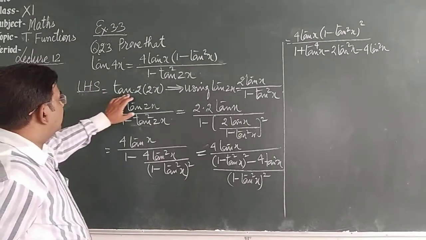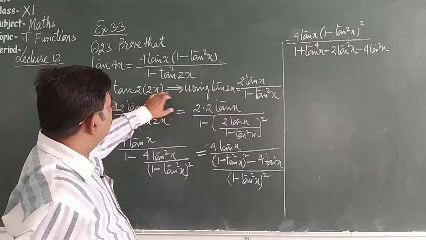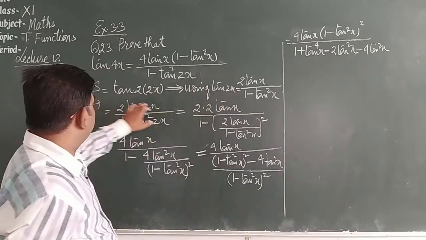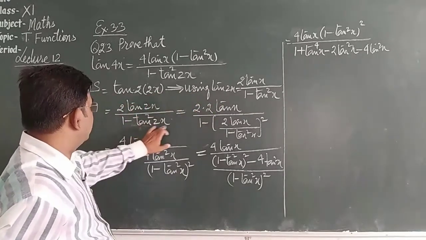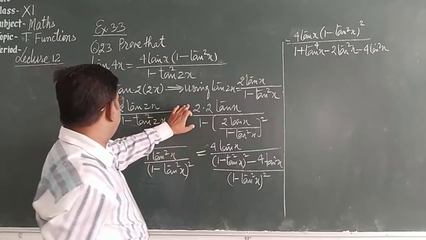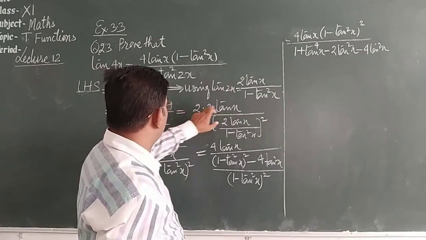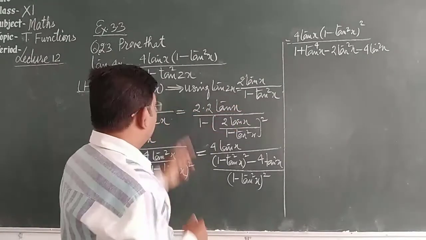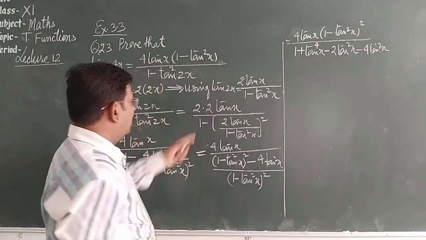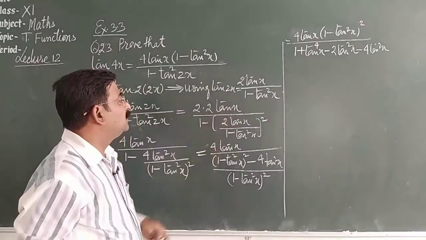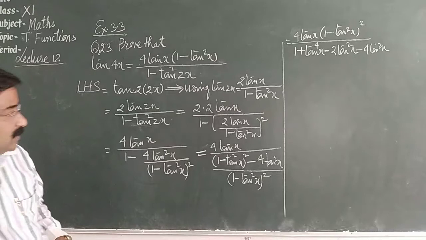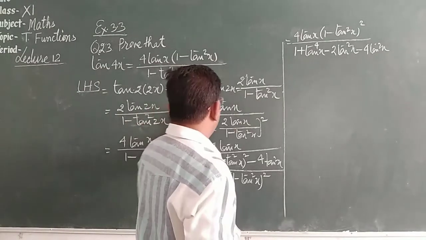Here tan 2x. So we have the formula 2 tan 2x upon 1 minus tan square 2x. Alright. Here we have again tan 2x, 2 into 2 tan x upon, one term is left here. This was the mistake. Let's see.